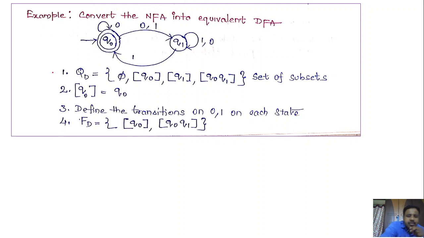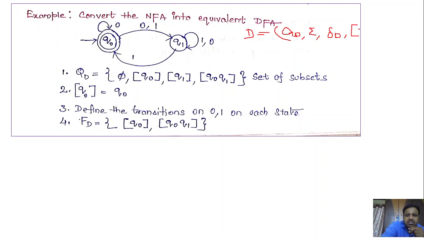As I mentioned, we are representing the DFA here as D, by using the five tuples. QD is a set of states. Then we have the alphabet set sigma, then the transition function delta D, then Q naught.